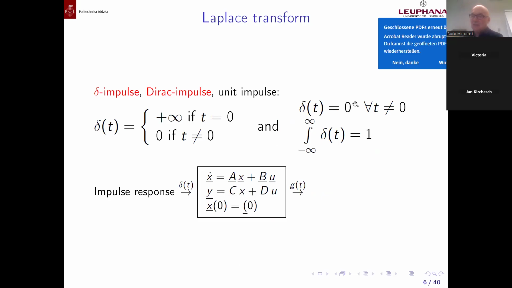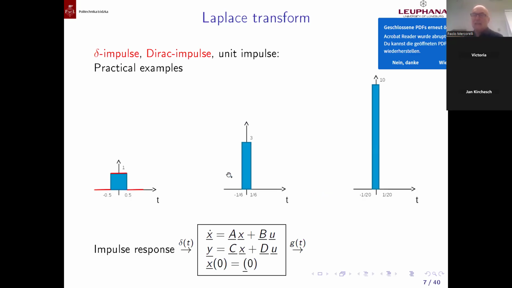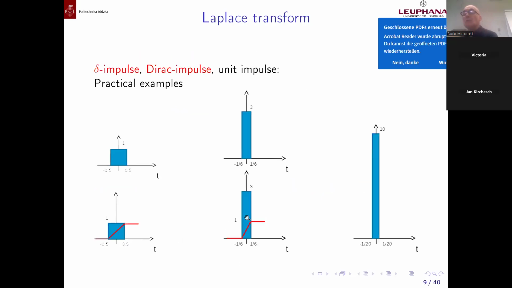I mean, starting from this, let me see here. Starting from the blue structure with its, let me say, characteristics, amplitude, which is not infinite, but is 3, and integral, which is 1, the most important characteristic because it remains everywhere.